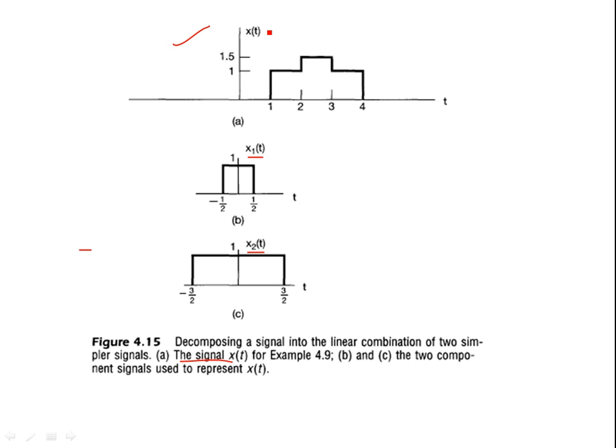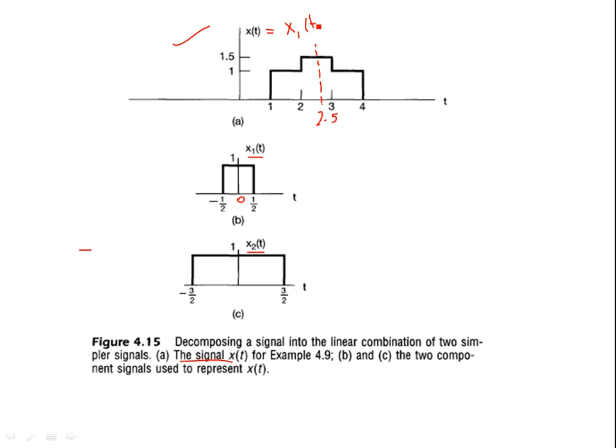So if you try to decompose x(t) into x1 and x2, for example, the origin is simply shifted for x1(t) to, let's say, 2.5 over here. These two signals are shifted and combined somehow, so let's see if we can work this relationship out.